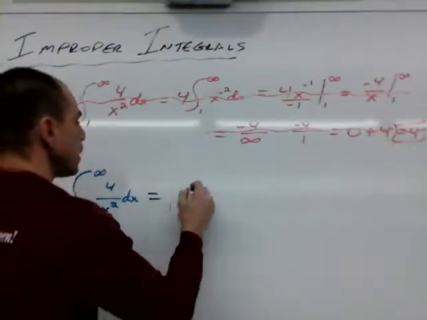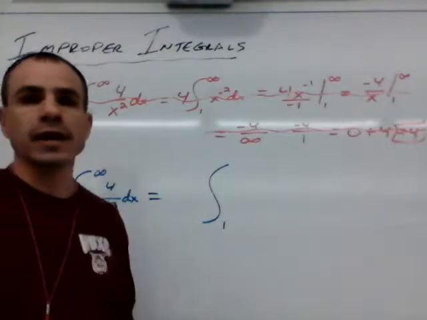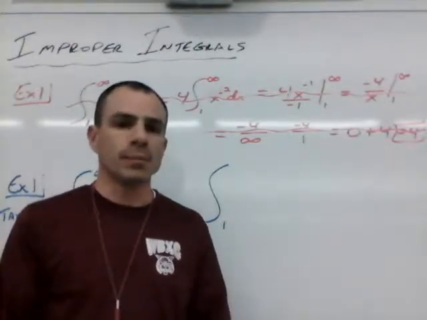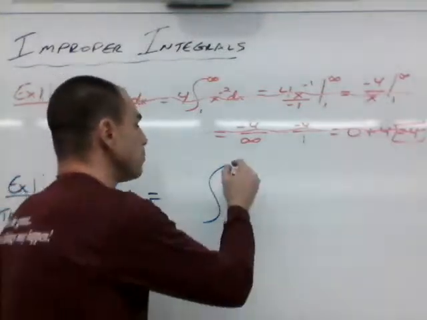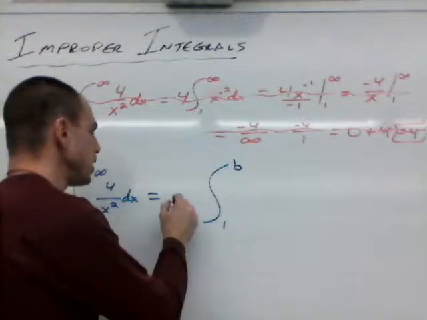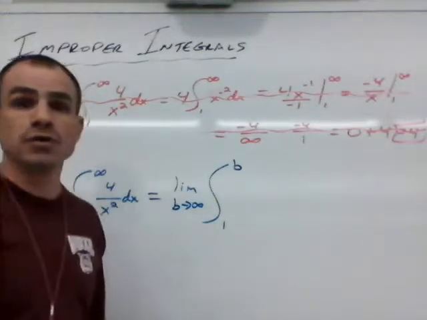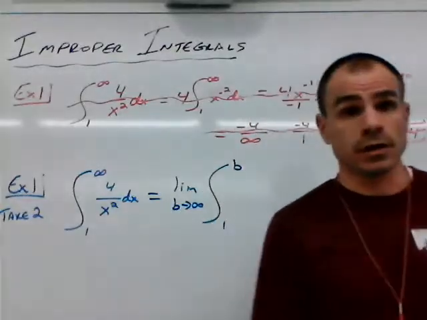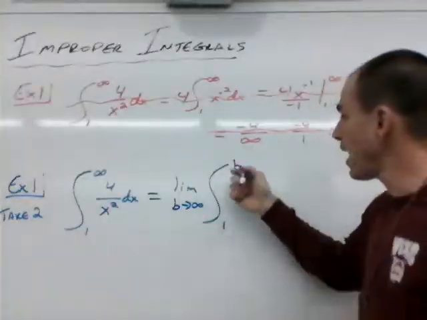We want to make this the integral from 1 to something else. When we think about the limits of integration, we're usually talking about a to b, so let's put b up here as my upper bound. Now, what's happening to b? b is heading towards infinity, so I'm going to take the limit as b approaches infinity. b is a number.